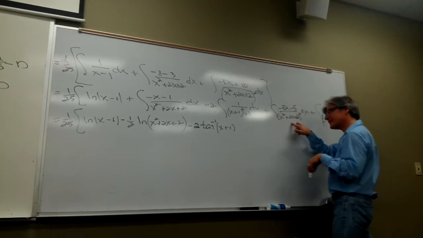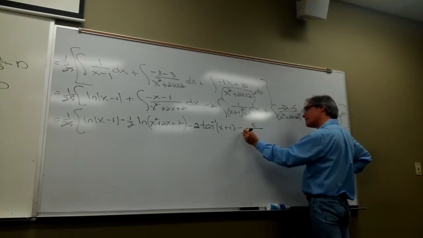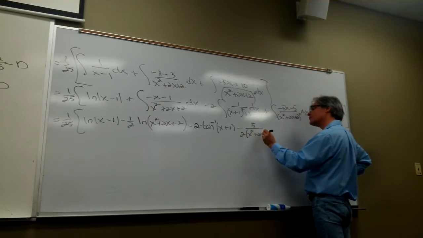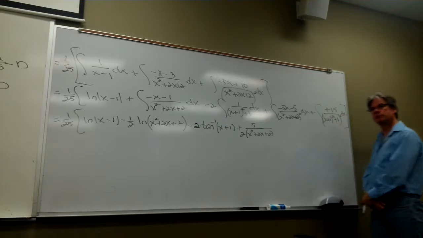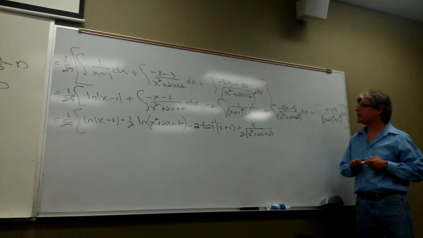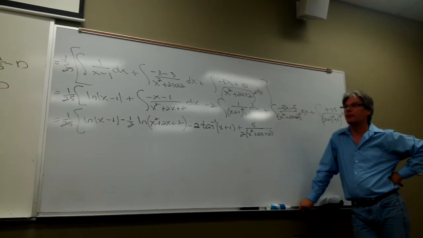That one, negative 5 over 2 times x squared plus 2x plus. Yes, yes. Oh, but I get a sign change. Why? Because I think basically I'm anti-differentiating 1 over u squared, which becomes a negative 1 over u.